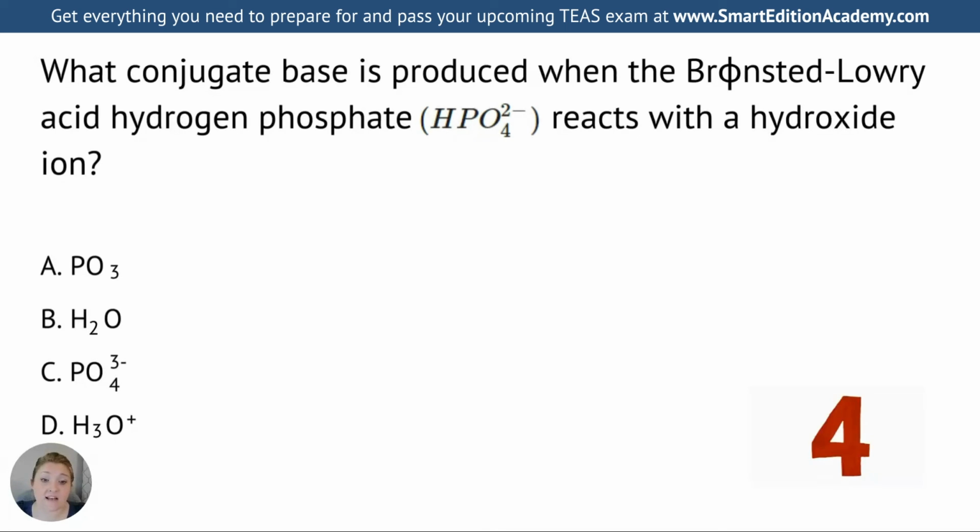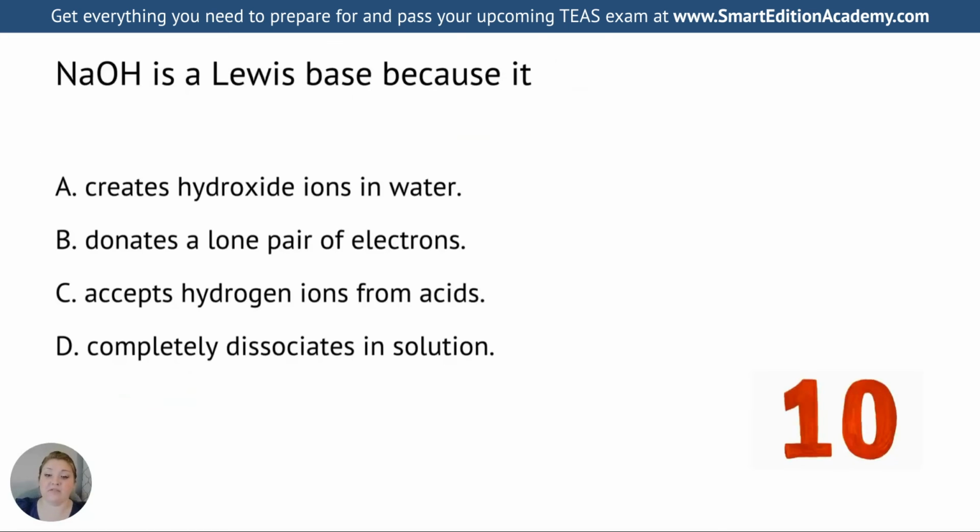So it's asking us, what is HPO4 2 minus going to change into when it drops the H plus? And it is going to change into PO4 3 minus. That's because it lost a positive charged H proton. All right, here's our next question.